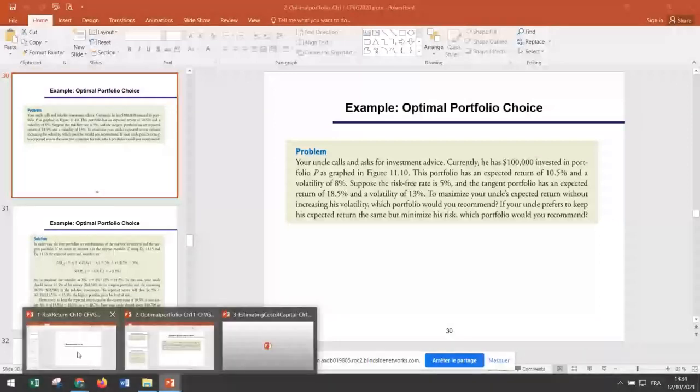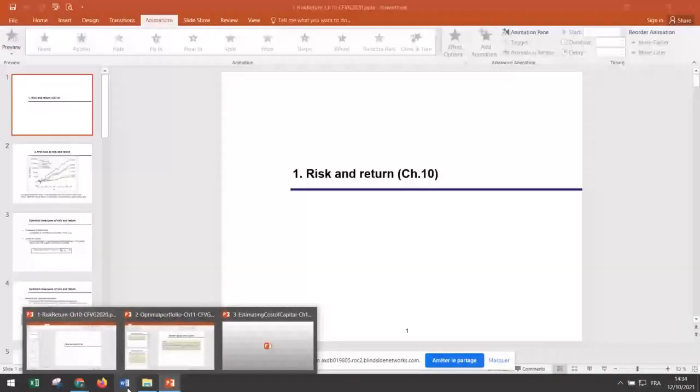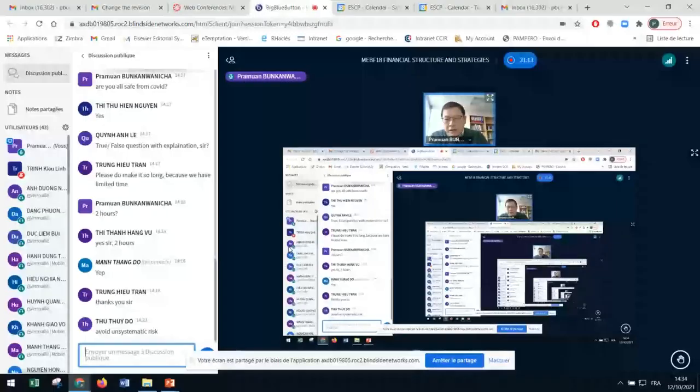In the first part, we learned how to form our portfolios, and then how to calculate the two-stock portfolio risk and return, and then how to combine the risk-free asset with the portfolio P, and then you are able to identify the efficient portfolio based on the Sharpe ratio. So far so good.